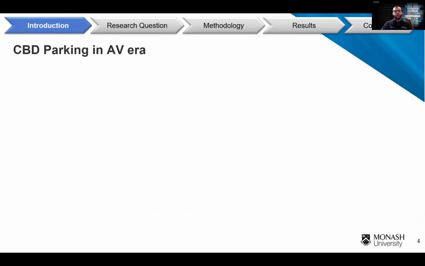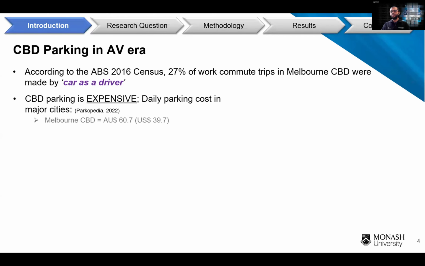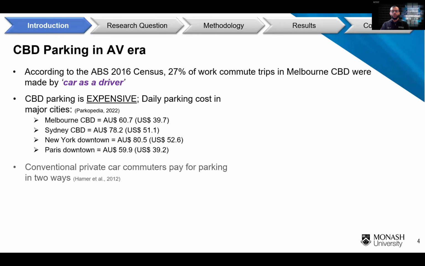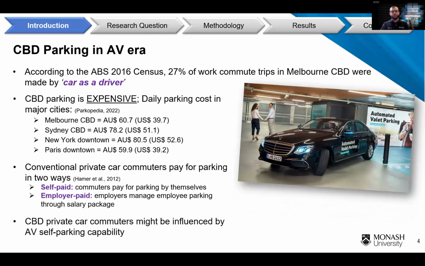The other feature that we have been discussing is CBD parking. Because AVs have this self-parking capability, consider the Australian Bureau of Statistics 2016 census: we found that 27% of the work commute trips to the Melbourne Central Business District, or in other terms, downtown or city center, were made by car as a driver.